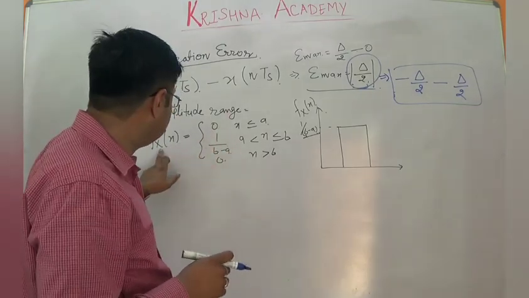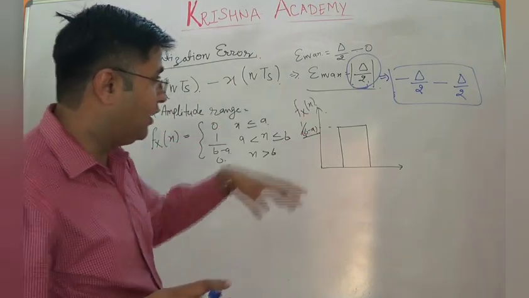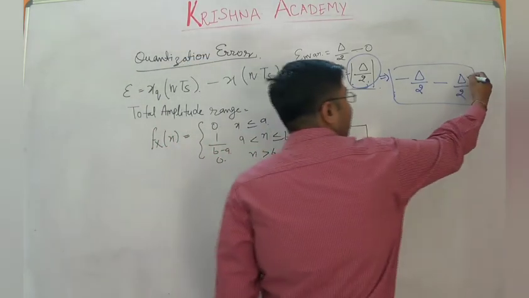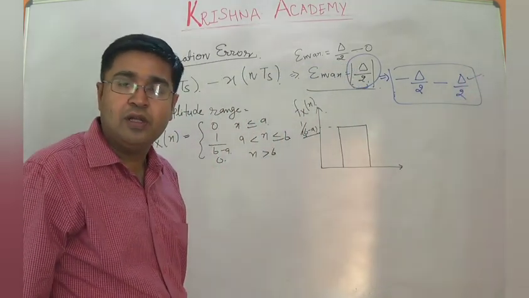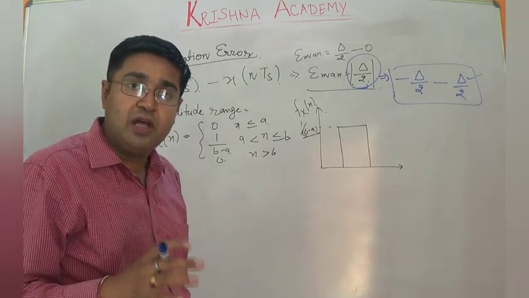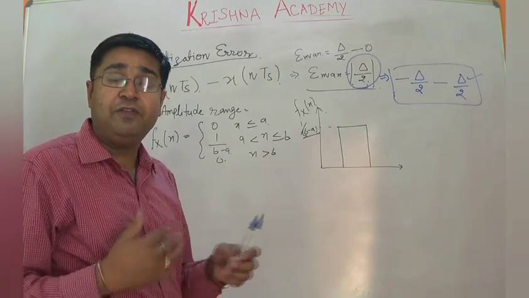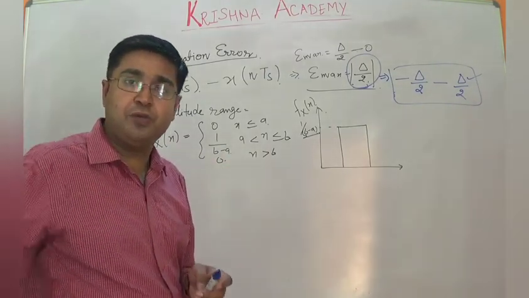Suppose this is the signal, f(x), and the value of delta is very small. If delta is really very small, then this particular variation will not happen very frequently, and the changes will be uniformly distributed.